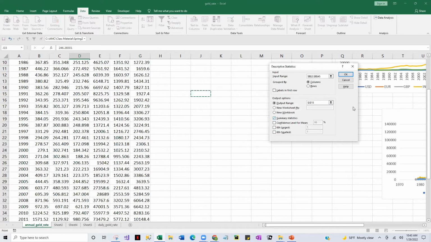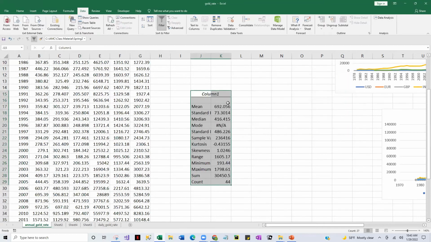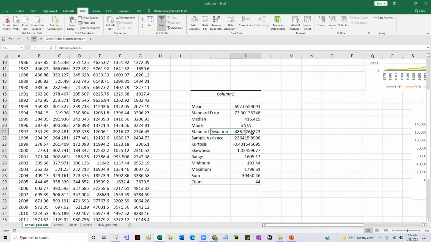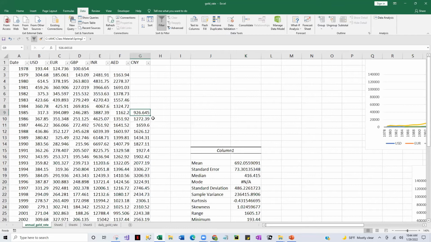And I want the summary statistics. So when I click it, it is going to give me what is the mean of the data, the standard error, standard deviation. So it is giving you more about the data. So this is how you are going to describe a data. These are the values that it will tell you, okay, count, we have data for 44. Whereas if I'm going to do this, it is going to be different, right?